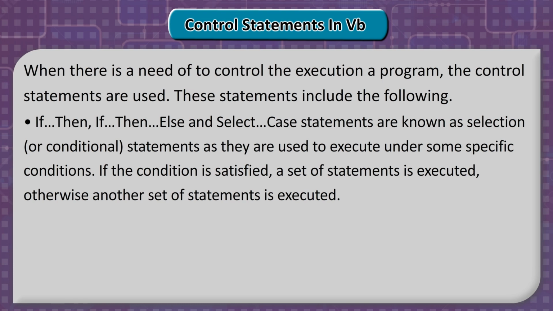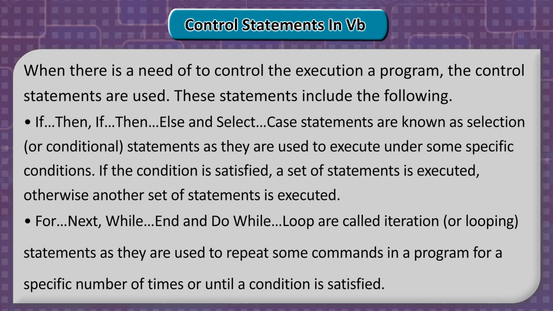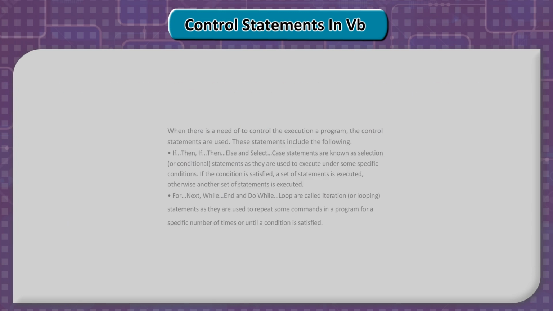If the condition is satisfied, a set of statements is executed, otherwise another set of statements is executed. For next, while end while and do while loop are called iteration or looping statements as they are used to repeat some commands in a program for a specific number of times or until a condition is satisfied.